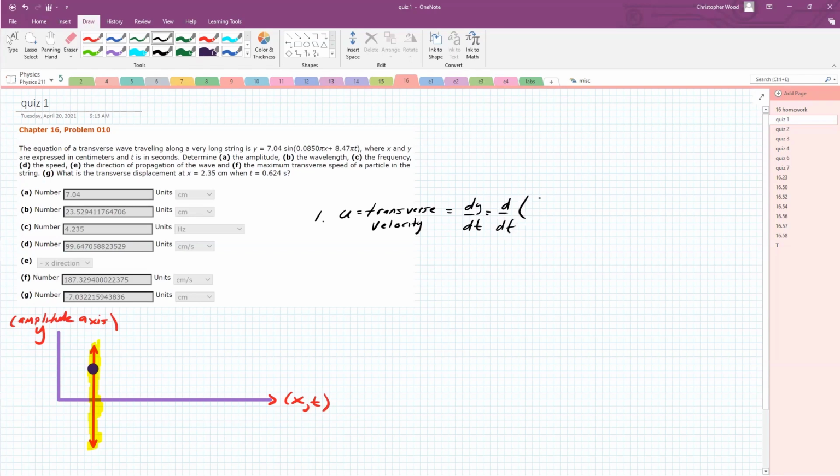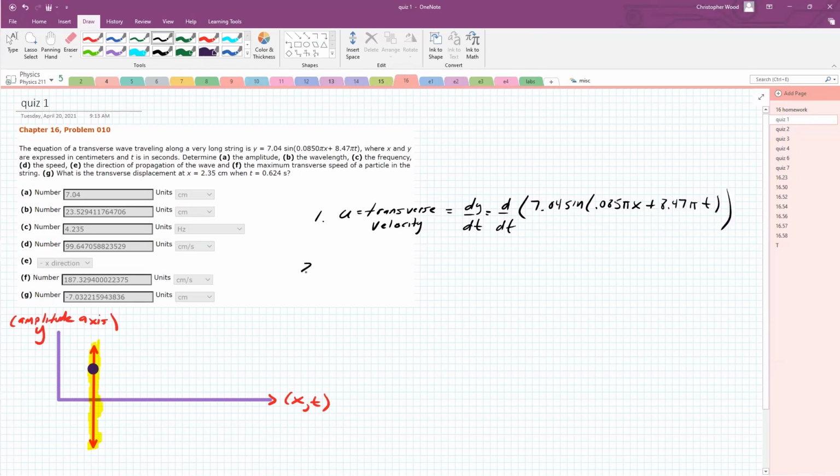So we need to take the first derivative of 7.04 times sine of 0.085 pi x plus 8.47 pi times t.